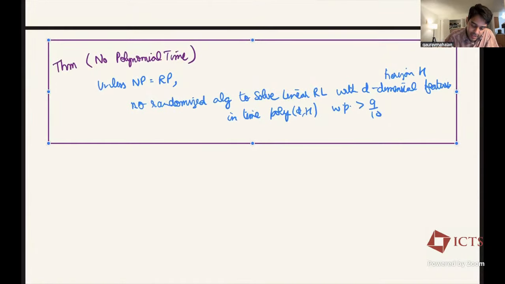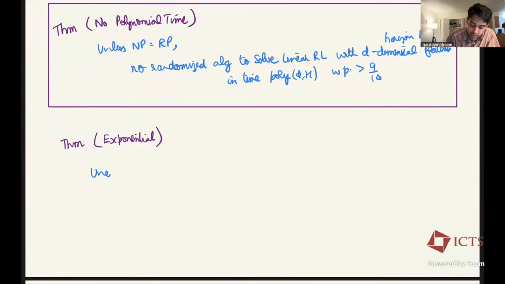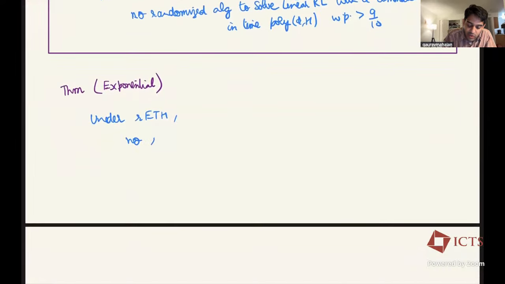Okay, and the second thing we can show, but I won't have time to show that, is an exponential lower bound, which says that under RETH, which is the randomized exponential time hypothesis. So unless NP is RP, the best you could probably prove is something like SAT, right? There's no polynomial time. But under RETH, you should be able to prove an exponential lower bound. So what we are showing is a slightly weaker thing.